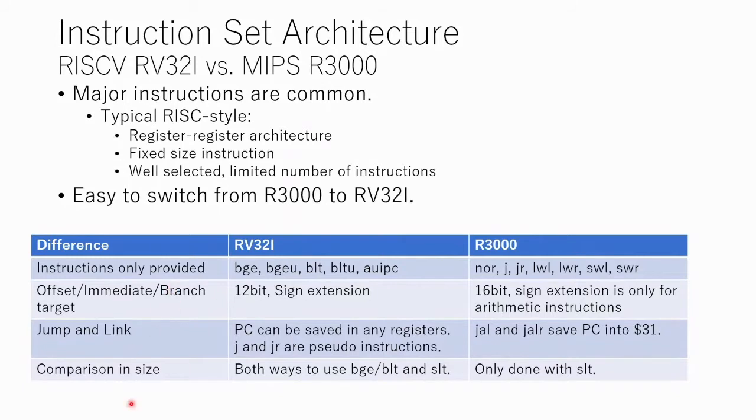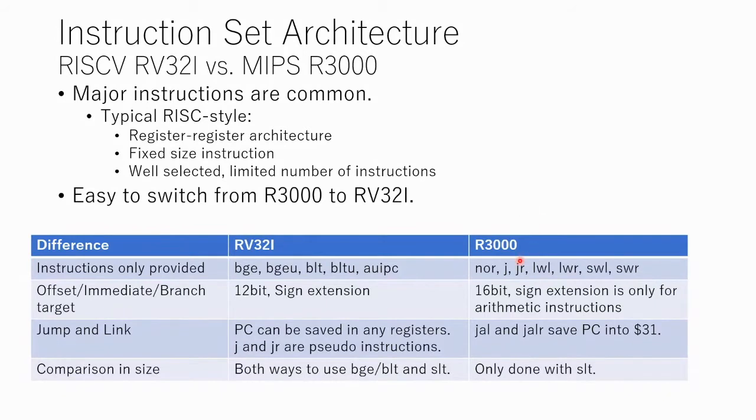This table shows them. First, there are original instructions for each architecture. RV32I provides a branch with comparison, branch greater equal or branch less than. And this AUIPC is a very interesting operation. It can take the program counter into the register file.